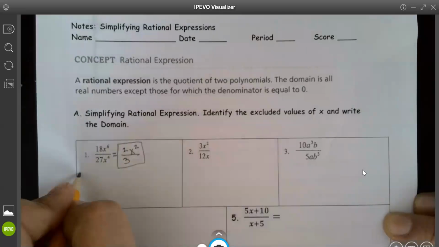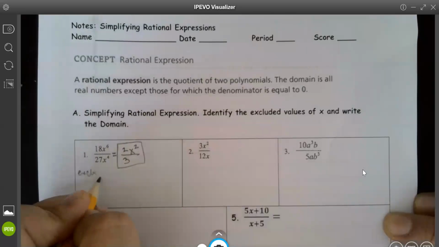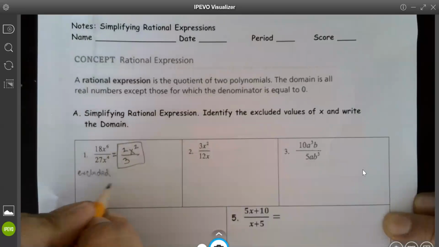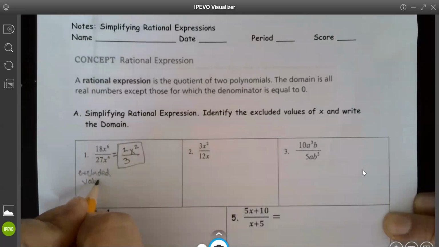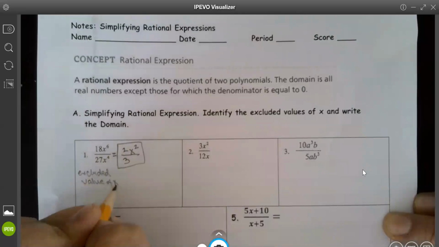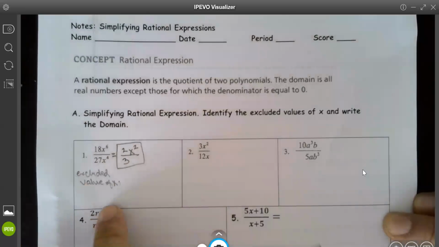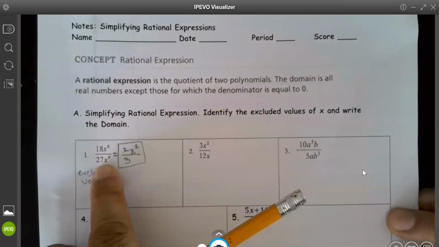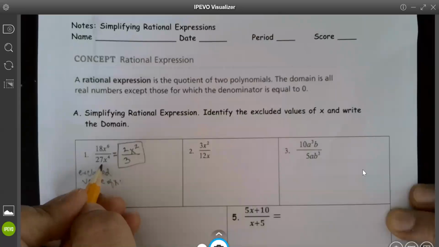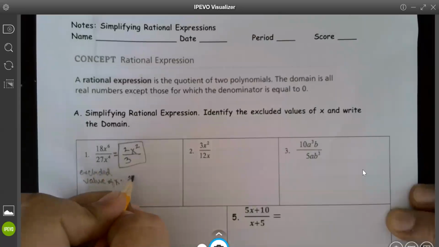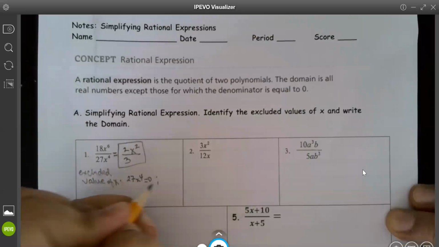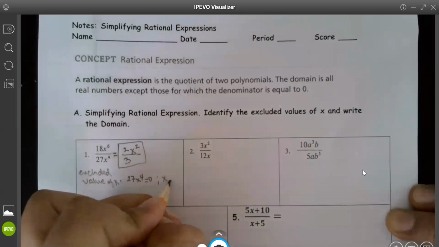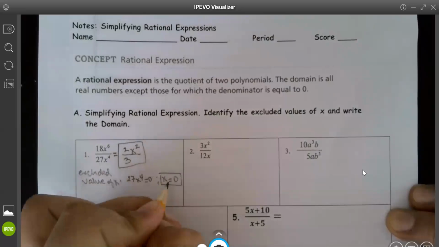Now let's try to find out the excluded value. Excluded value of x. Okay, so to find the excluded value of x, you're going to set the denominator equal to 0 and then solve for it. Since the denominator is just a monomial, which is 27x to the 4th, equate that with 0, you will see clearly that x should not be equal to 0.